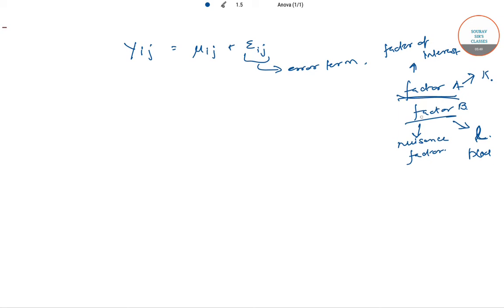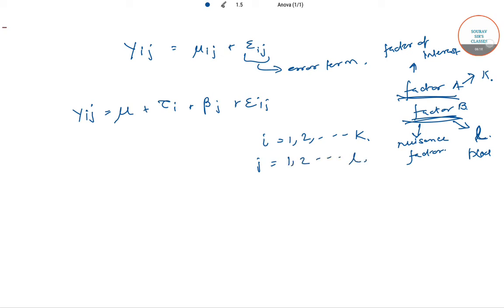That is, the other factor, factor B or the nuisance factor, has L levels. Then we can write Yij equals mu plus tau i plus beta j plus epsilon ij, where i would run from 1 to k, and j would run from 1 to L.